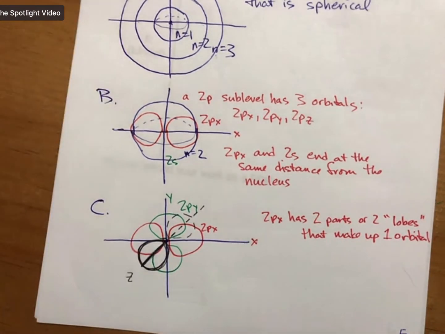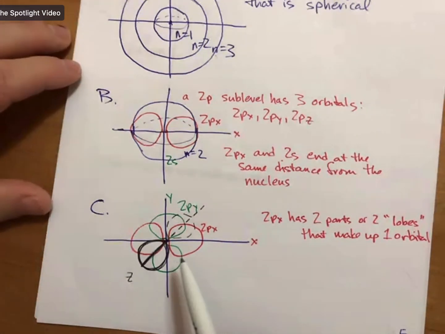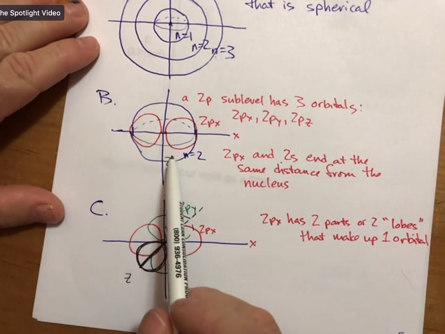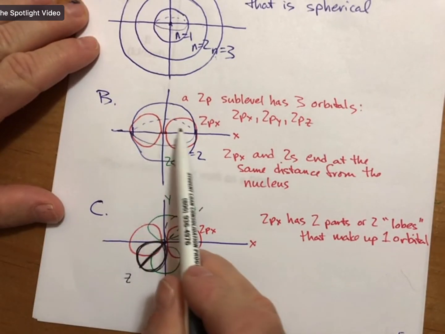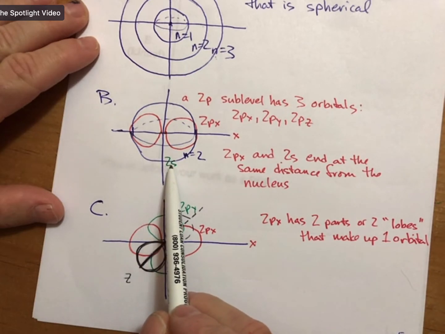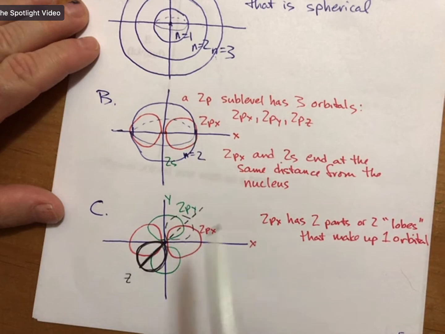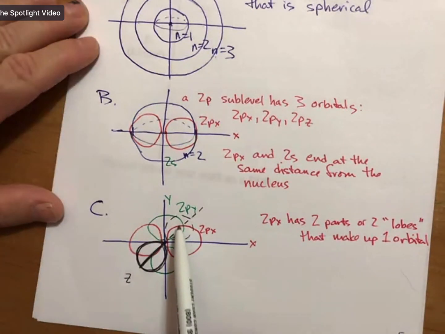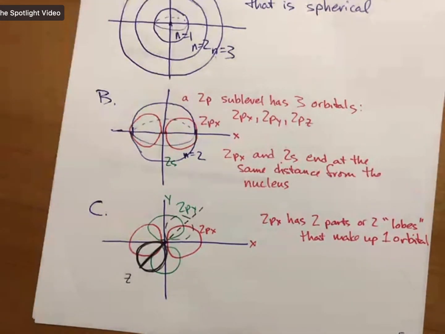It's a little complicated drawing, but what we're showing is that, in part B, the p's fit within the s sublevel. They both end at the same place. And then there are three different p orbitals along each of the axes, the x-axis, the y-axis, and the z-axis.